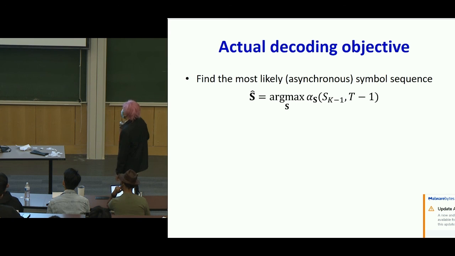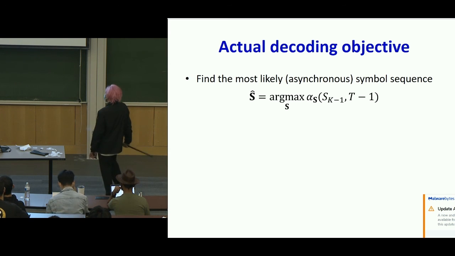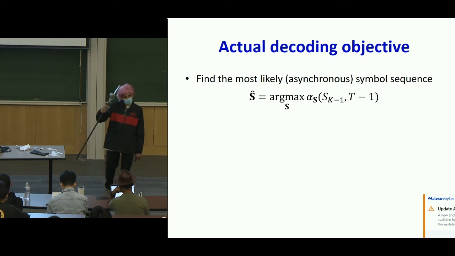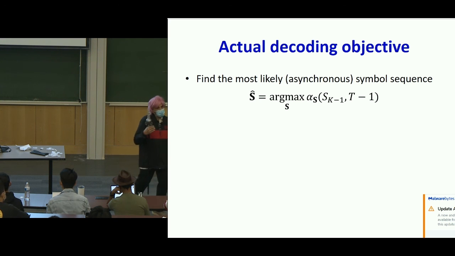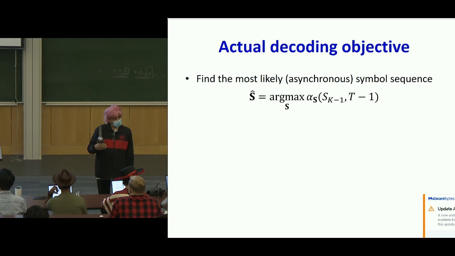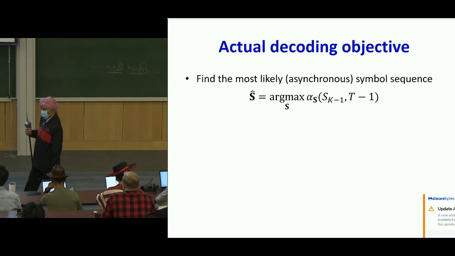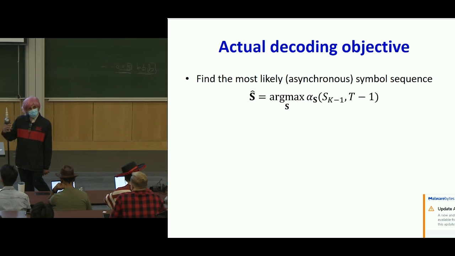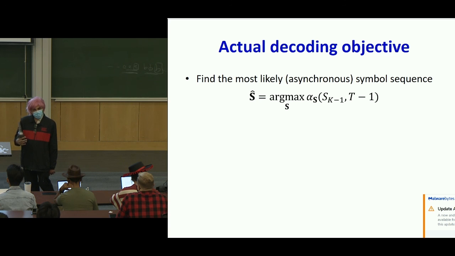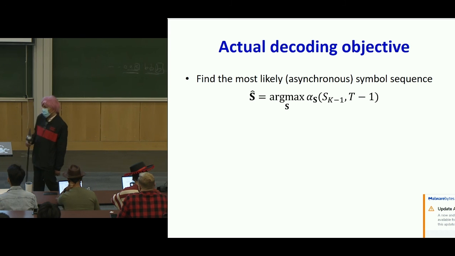So if you want to find the most likely compressed sequence, you want to enumerate every possible aligned sequence that you could have generated, compute the alpha for every one of these, and then pick the one that is most likely. And clearly this is not going to be feasible. It's computationally impossible, right?